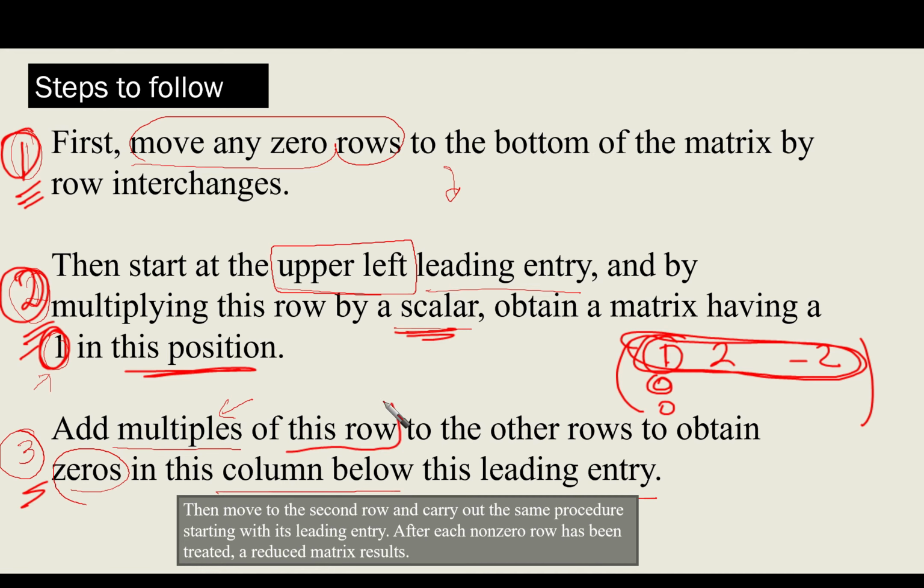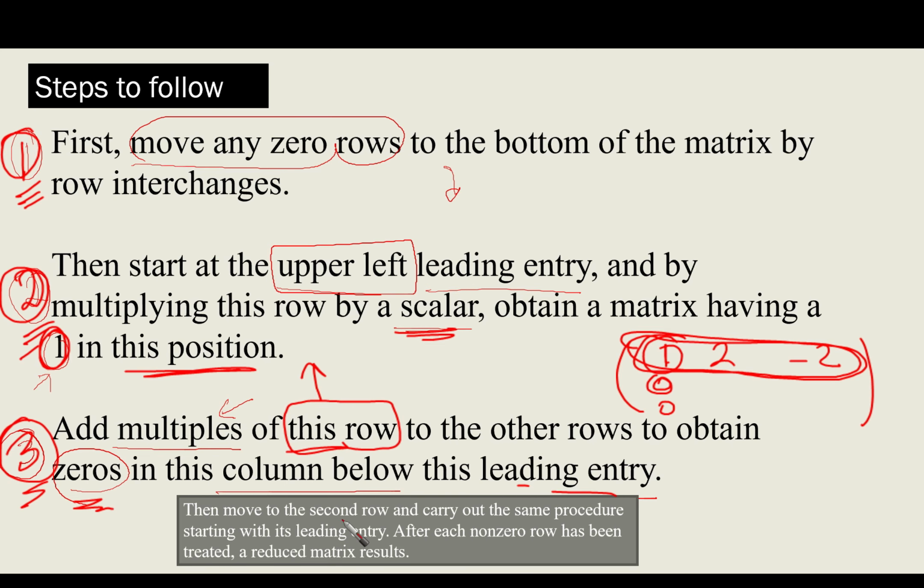This row means the one from the previous step, added to the other rows to obtain zeros in this column below this leading entry. That's a very important step. These are the main 3 steps to get the reduced form from any kind of matrix.